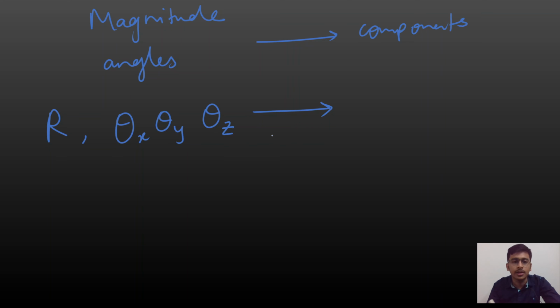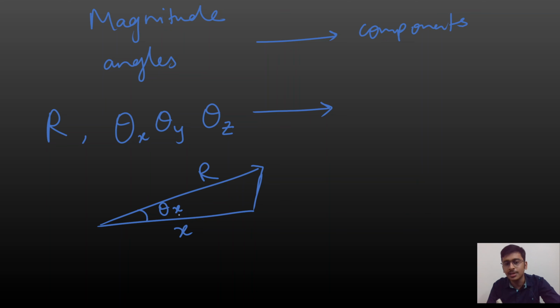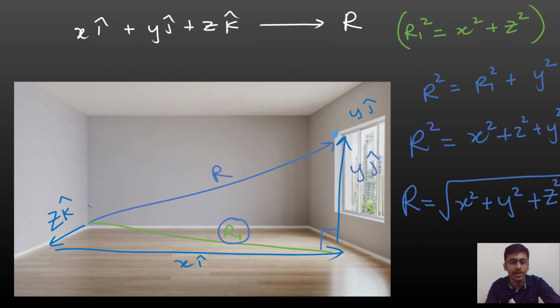Basically, let's say this is R and this is x i cap. This angle will be theta x. Similarly, the other angle will be theta y if the base is y, and the other angle will be theta z if the base is z. It's difficult to draw on a 2D screen, but it's easy if you just imagine it in your 3D world. It's quite easy.